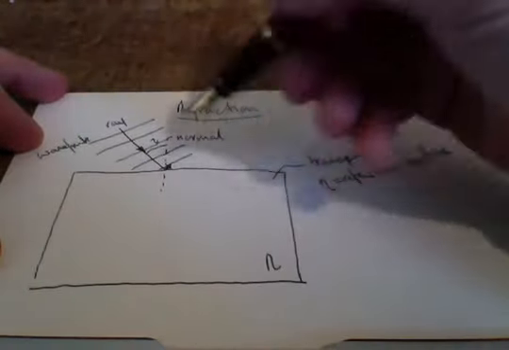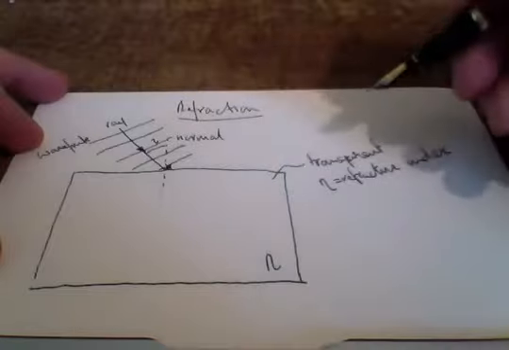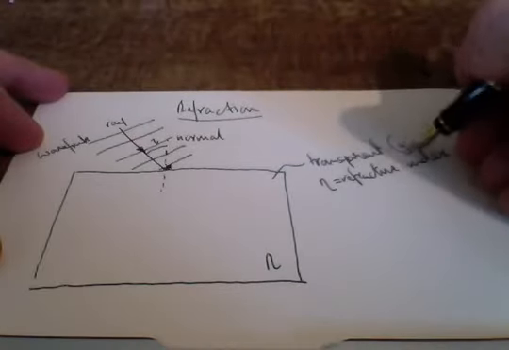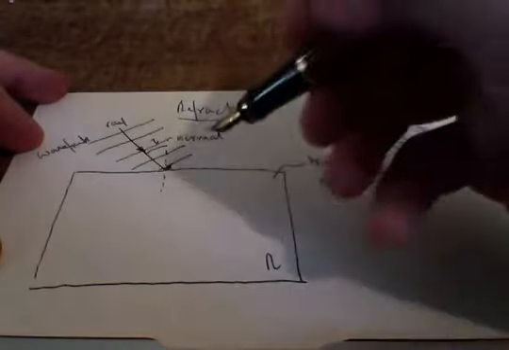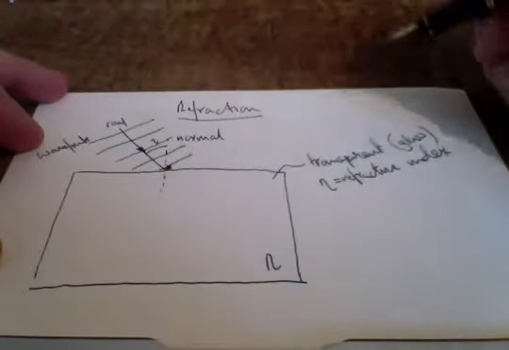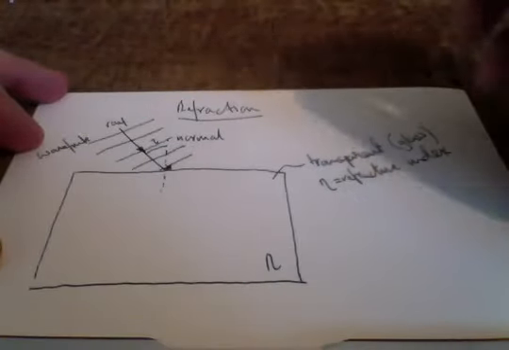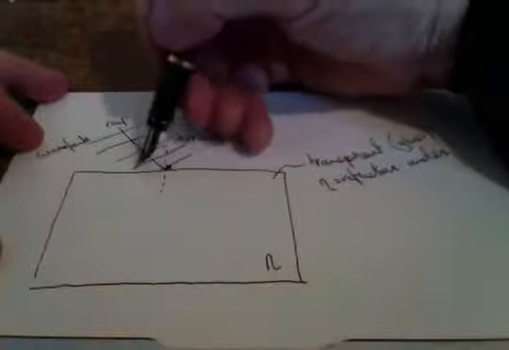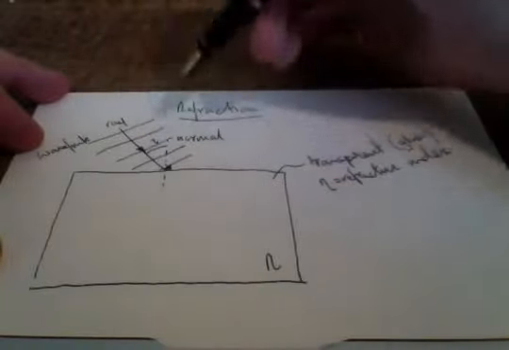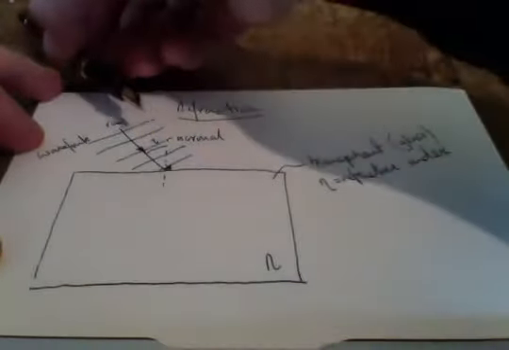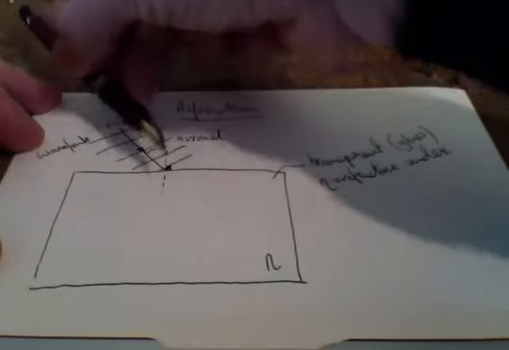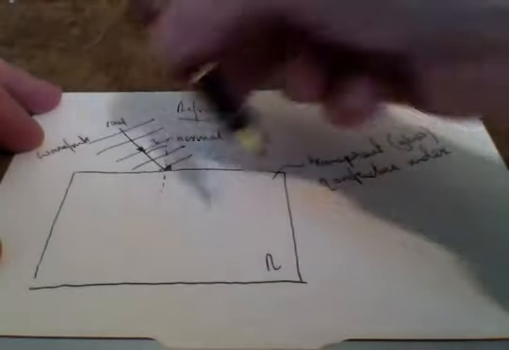Now, as they hit this optically dense material, let's say glass, it's going to start slowing down, and that is the crucial part of refraction, that it slows down as it hits more optically dense material. You can imagine a car or marching soldiers, and as they hit the material, that part starts to slow.